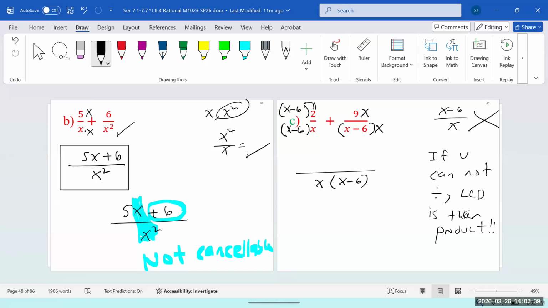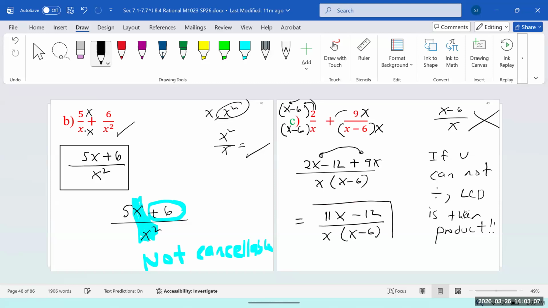This one is distributable, so you distribute. What do you get? And then we are adding 9x. And then we have like terms, 9 and 2. 2x plus 9x, how many x do we have? 11x minus 12, and we have x minus 6.